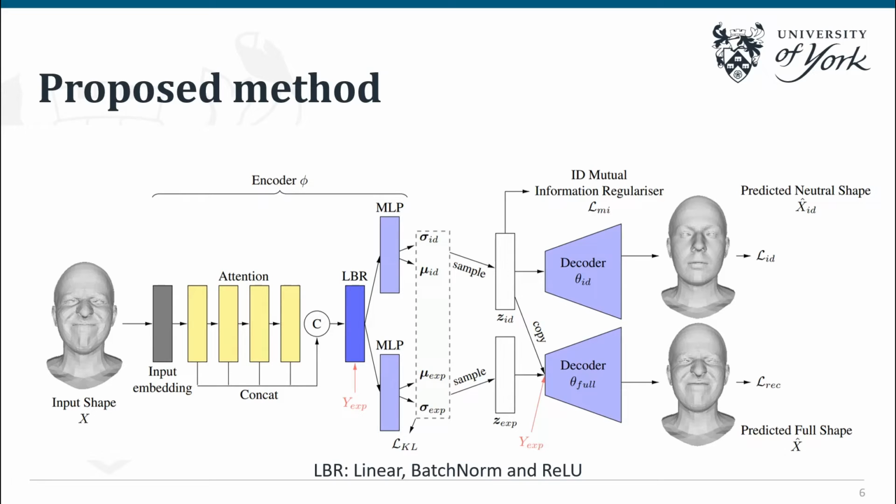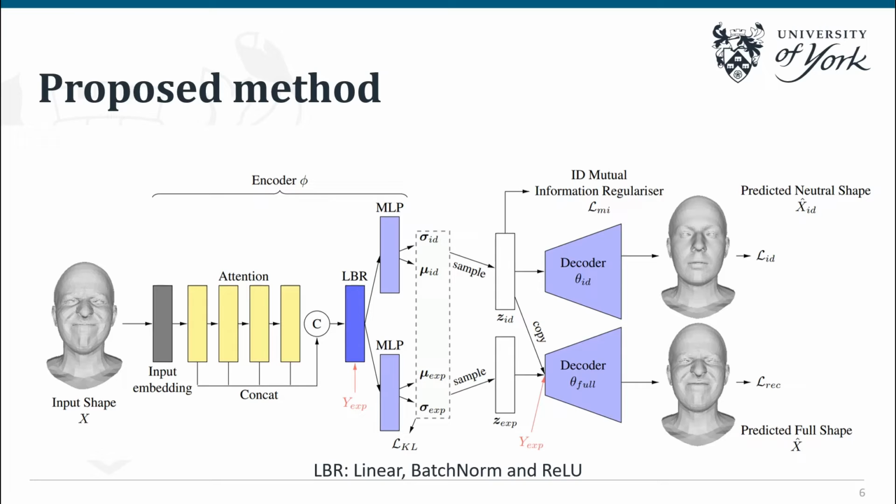The left part represents our encoder, which is the point cloud transformer. Enabled by the variational autoencoder architecture, we can then separately sample identity latent code ZID and expression latent code ZEXP from the output of the encoder.